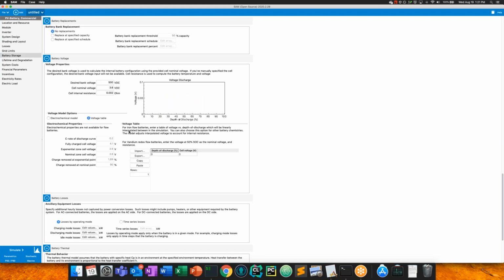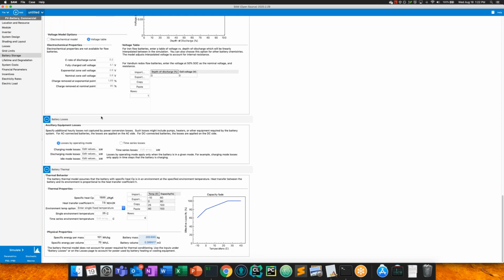The other option is using a voltage table, where you can specify the cell voltage as a function of the depth of discharge. And finally, the last parameter in this voltage model is the cell internal resistance. This parameter is also used in the thermal model.